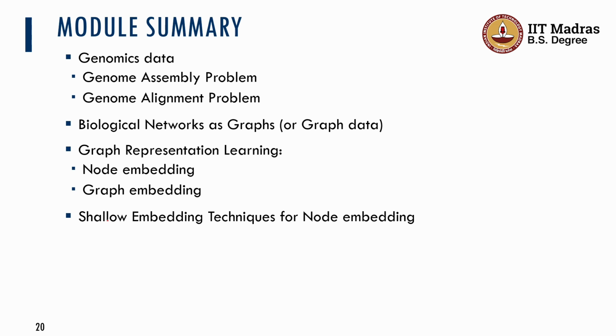And hence, we moved towards graph neural networks and learned that we can perform far better embedding using deep learning approaches on node level tasks as well as graph level tasks.